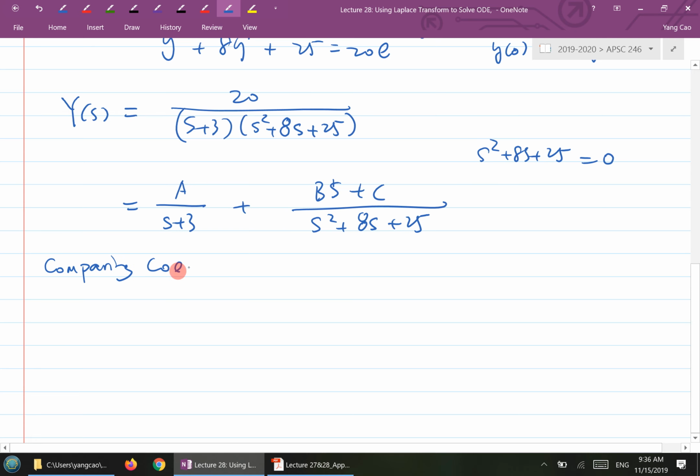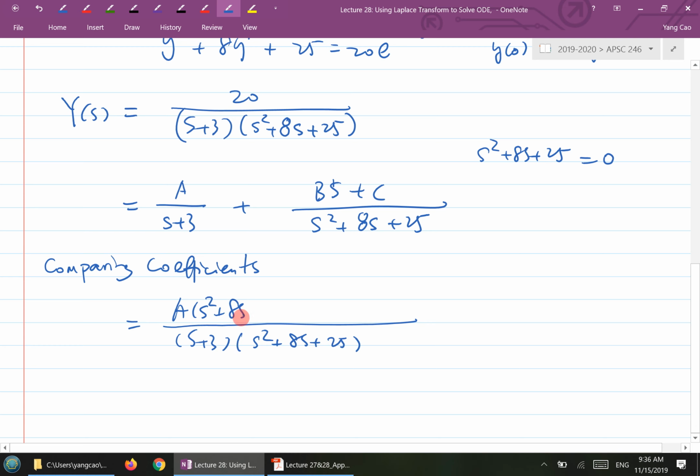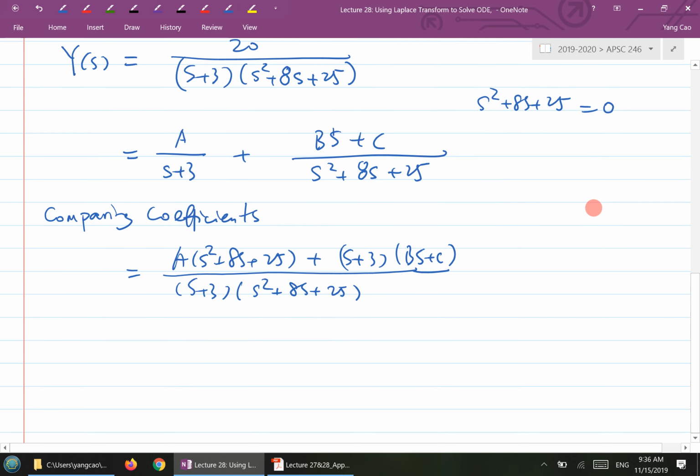Basically, you write it back into one piece again, I think I did this in the last lecture, and group all the similar terms for the numerator.